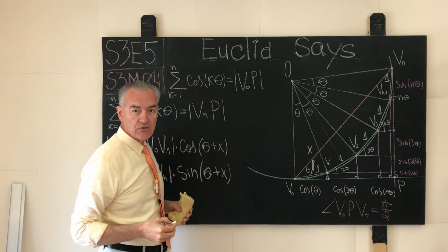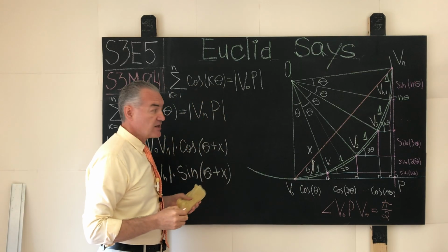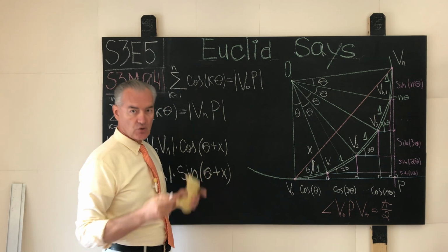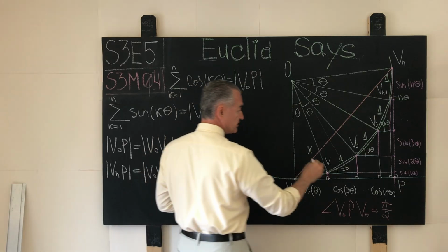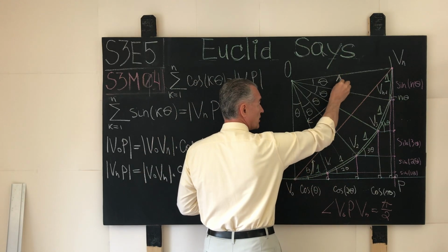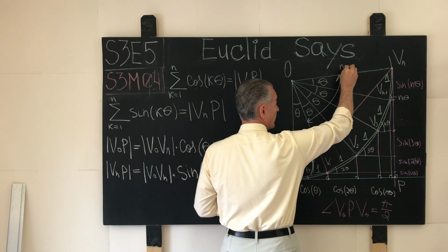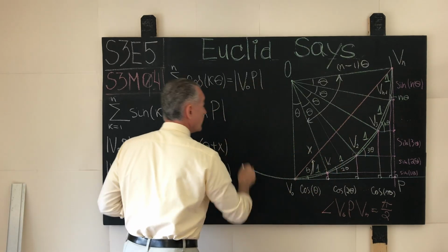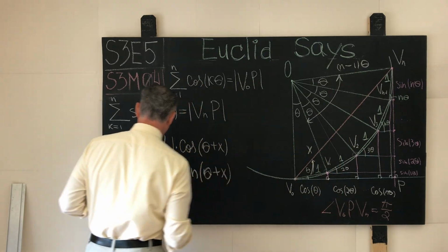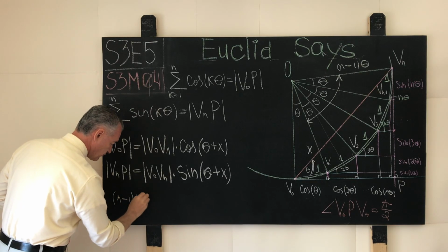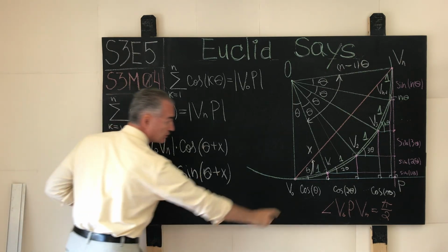And what do we know about the angles in the circumference? Well, the corresponding central angle is twice the angle in the circumference. So the corresponding central angle, which is this guy right here, and this is what? This is n minus 1 copies of the angle theta. So what do we have? Let's say over here, n minus 1 copies of the angle theta is equal to what?